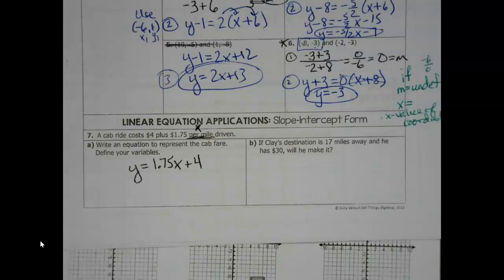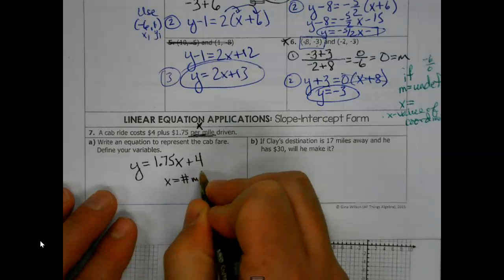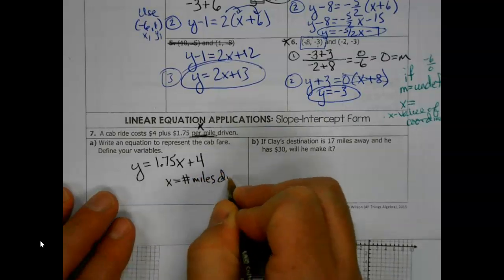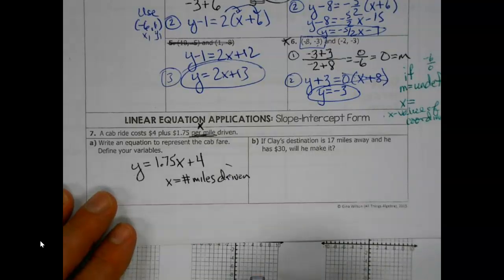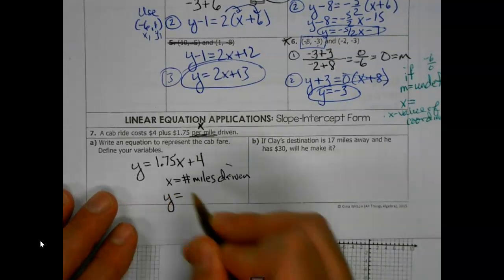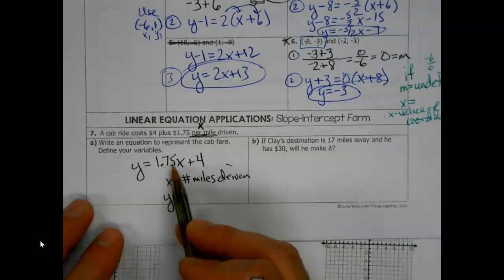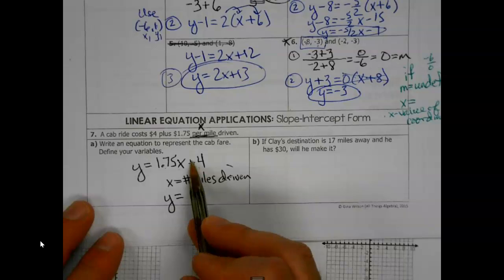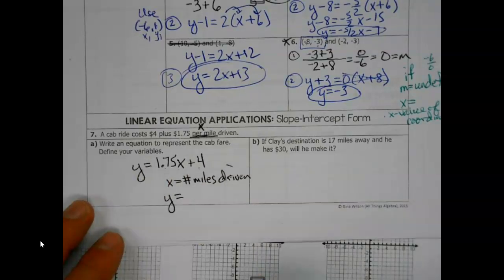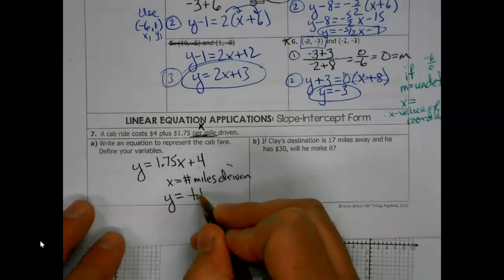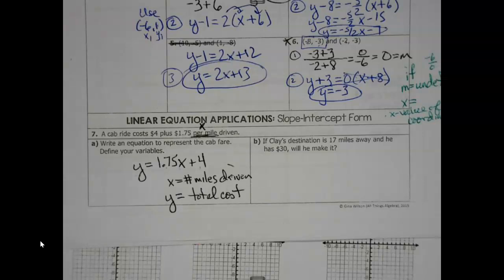Absolutely. X would be the number of miles driven. What would y equal then? Let's say I drove 10 miles. So I paid $1.75 times 10 plus 4. That number, what's that going to be? It's the total cost of your trip.